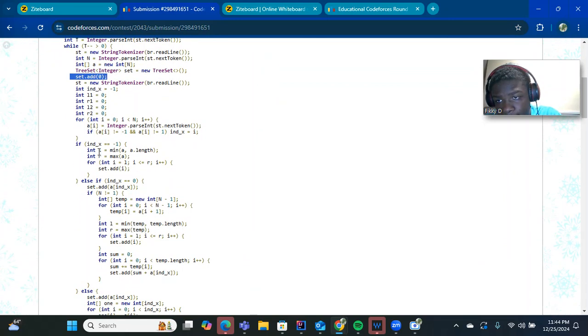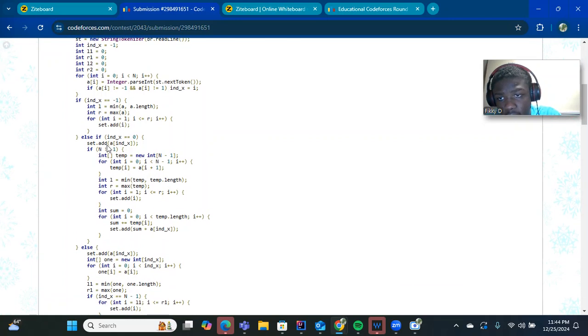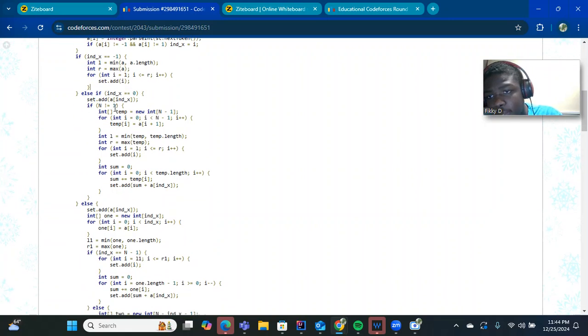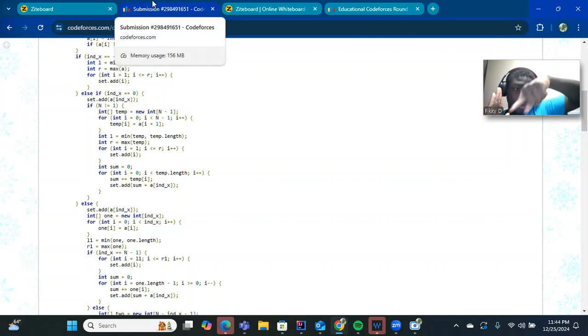Then I'm going to find where the x index is. There are some edge cases here. Either you might not have an element that's different than -1 or 1, so just find the minimum and maximum subarray sums and then add everything. You might have x in the front, so you only have one array instead of the two arrays that I showed.